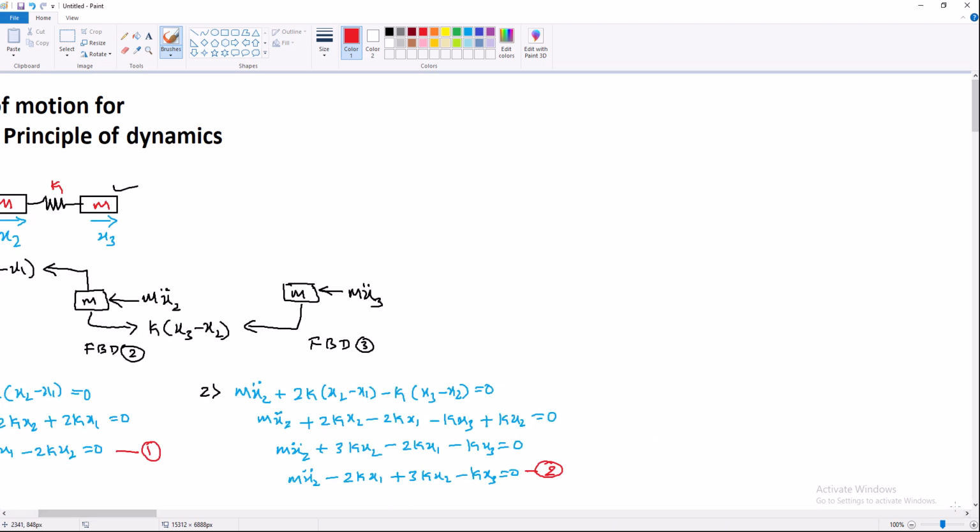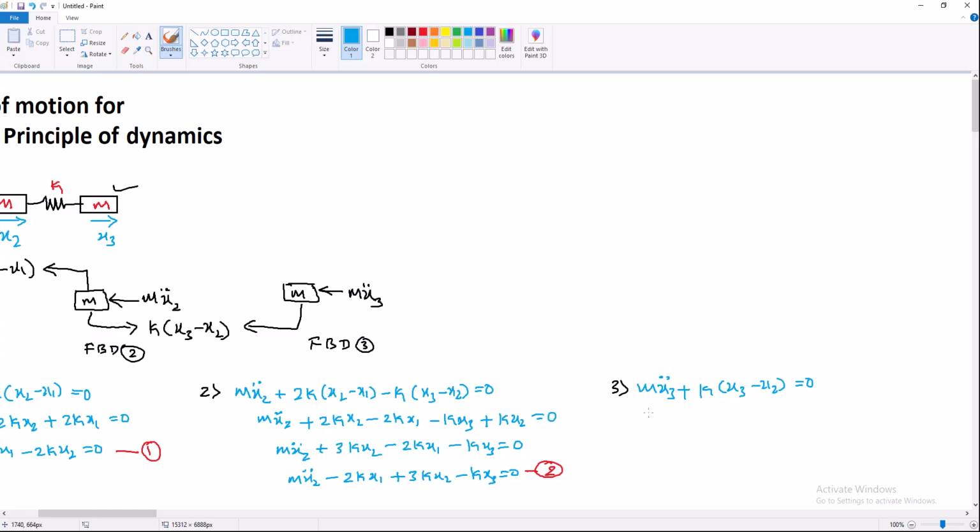So now I will write the third part of the equation, meaning mass 3. For this mass 3, I have only two forces here. Again I consider the similar sign conventions: m x3 double dot, that is the plus in the positive direction. Again I have k (x3 minus x2), which is equal to 0.